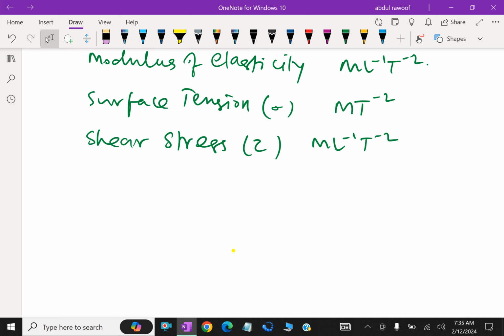Next, work and energy both have the same unit, which is equal to M L square T power minus 2. Power, P, is M L square T power minus 3.